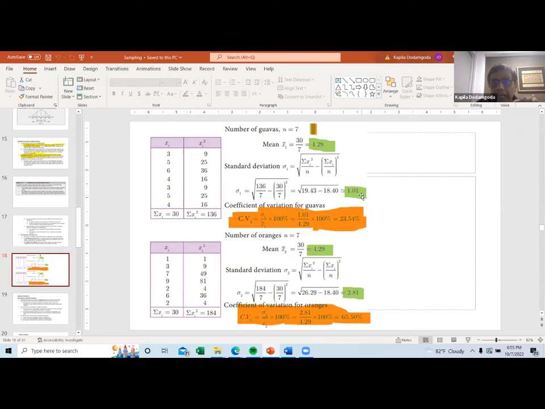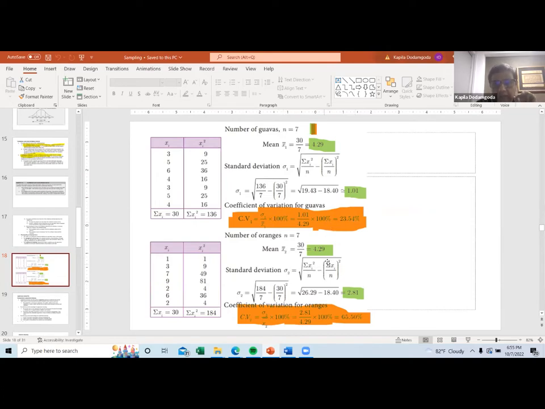So then we calculate a parameter called coefficient of variation, which is your standard deviation divided by the mean. Standard deviation is 1.01, the variability, divided by the mean is 4.29. So when you calculate this coefficient of variation, it is 23.54 percent. Just getting to know this is enough, how to calculate the coefficient of variation.